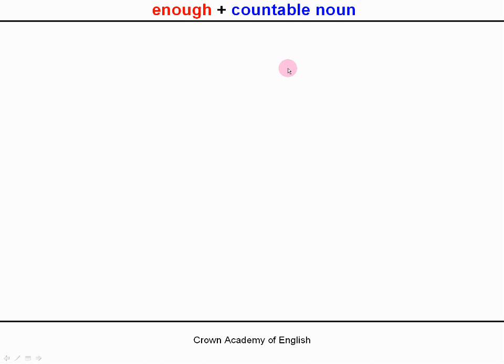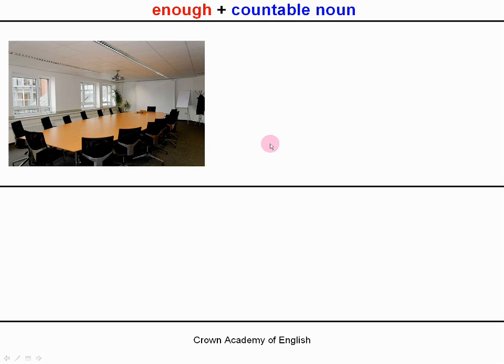We can also use enough with nouns, both countable nouns and uncountable nouns. And it is the same word for countable nouns and uncountable. It is always the word enough. Only 3 people are coming to the meeting.